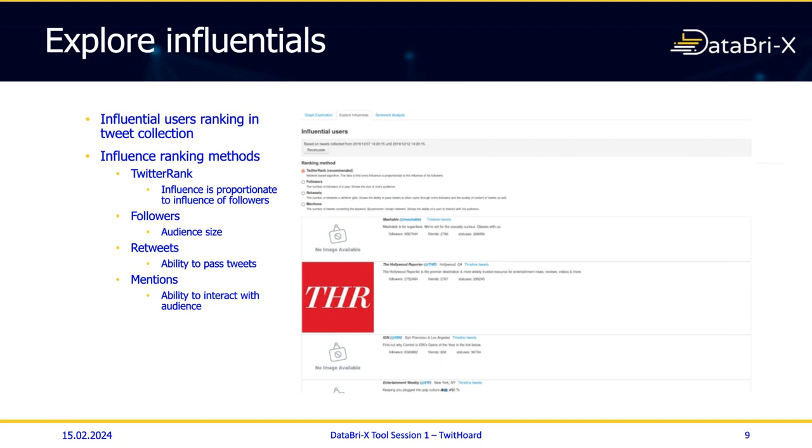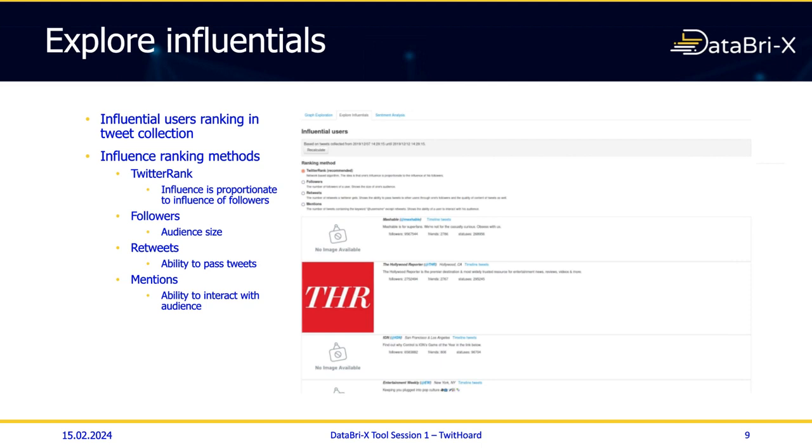More simple approaches are the followers as a metric for signifying influence, the number of followers, which is the audience size, the number of retweets, which signifies the ability to pass tweets.